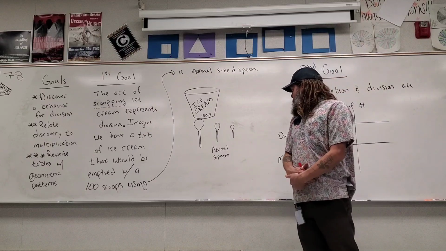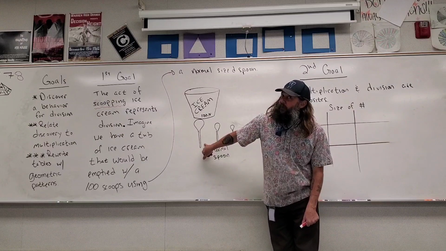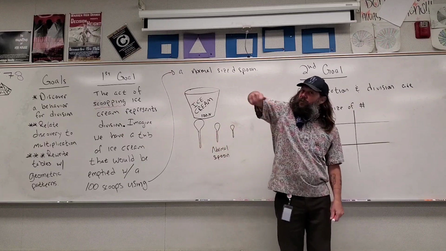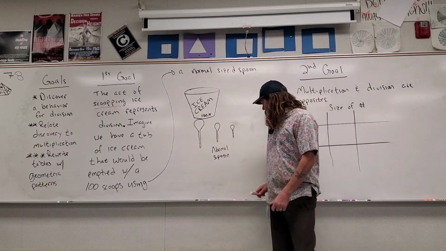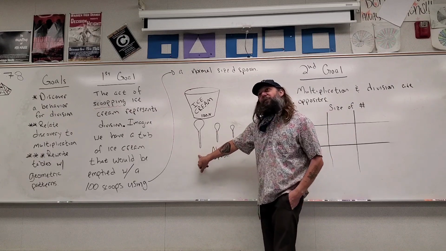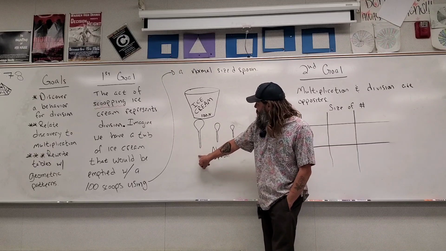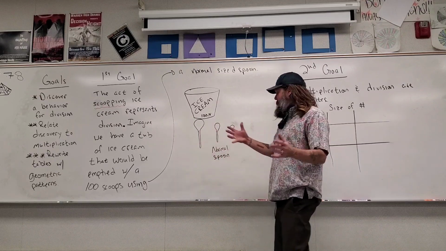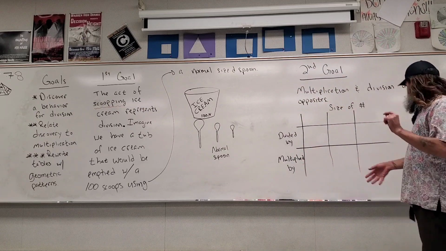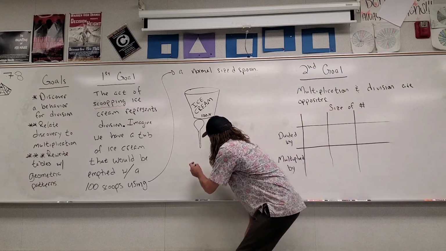But I think we can all agree that this is going to take less scoops, because every time you scoop, you're taking more. So I'm going to write down under the larger spoon that we will need less than 100. It's going to take less than 100 scoops.